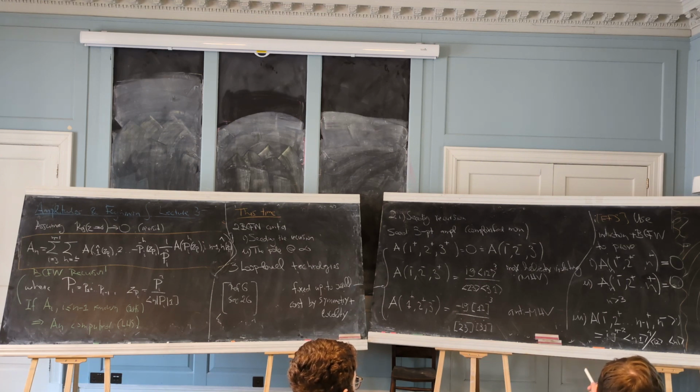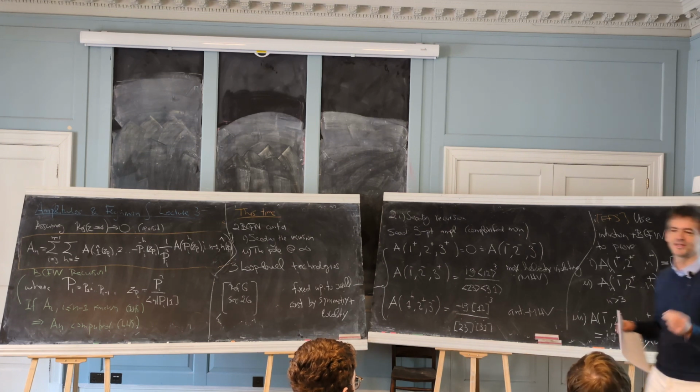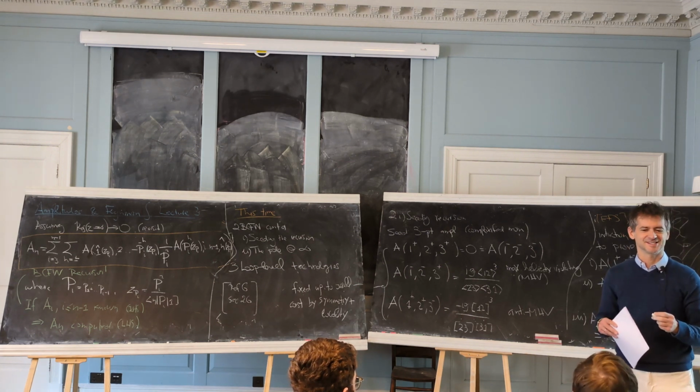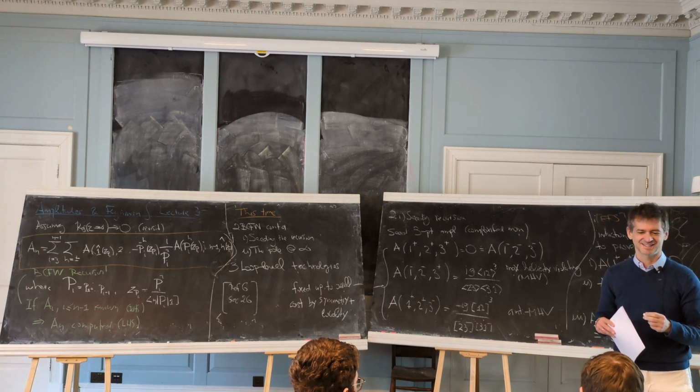Question about the MHV amplitude: you said that it's fixed up to an overall constant. Is that just one constant between both, or two constants? That's an excellent question. What do the students think? Because of complex conjugation.